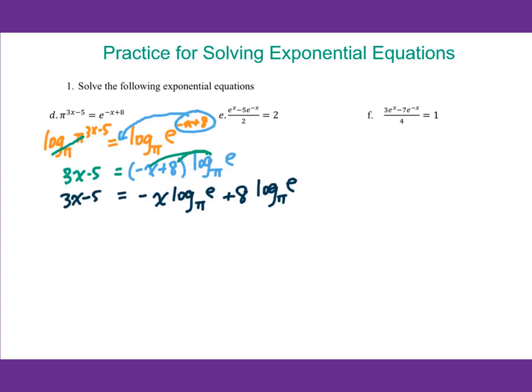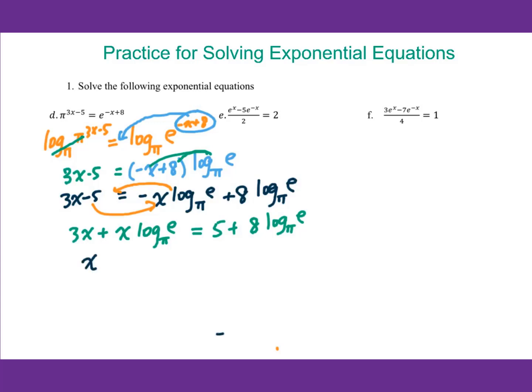3x minus 5 is on the left side. Then we know this is a linear equation. Move all x terms to one side, numbers to the other side. We will get 3x plus x log base pi of e equals 5 plus 8 log base pi of e. Then we take x outside.